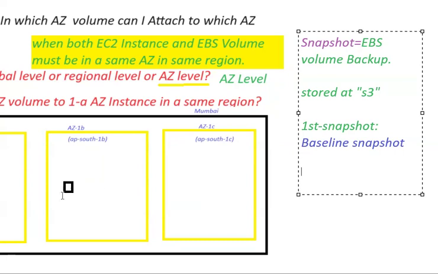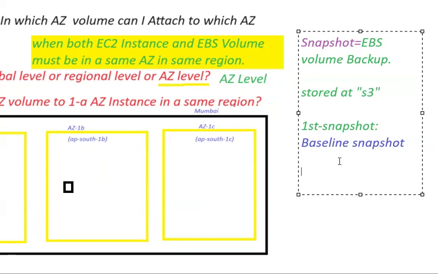Does AWS maintain the whole data in the snapshot? No. In the second snapshot, it only maintains what is the difference, the data added to this volume. In the second time, I added only a movie, and only that movie is taken and saved in the second snapshot.